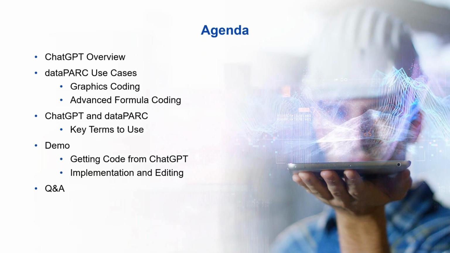There are lots of different ways to use ChatGPT, but this is going to be very specific to dataPARC. And then I'll actually show in the demo implementation, putting the code in, editing the code, saving it, and you'll see, hopefully, a running graphic with some ChatGPT assisted code behind. And then we'll end with a Q&A.